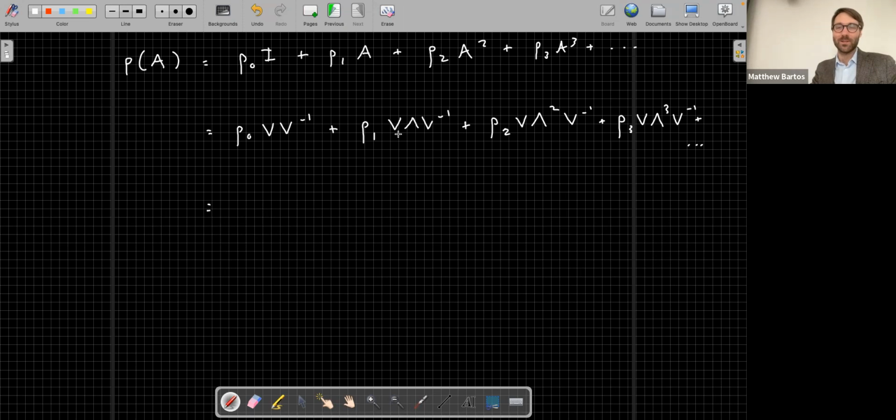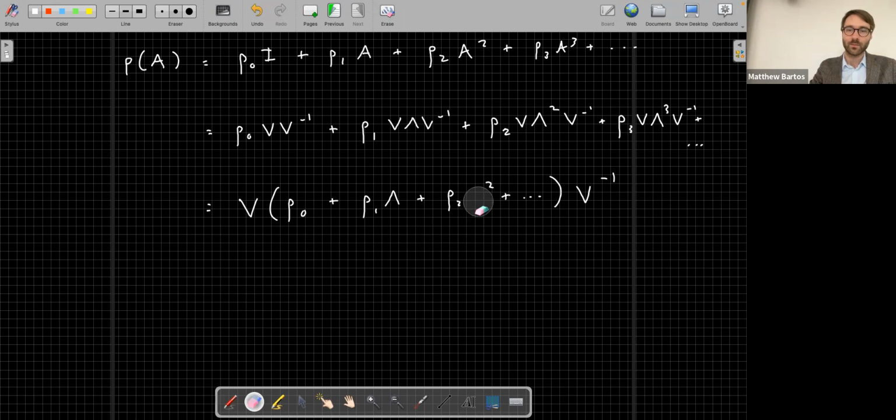Note that V is always being pre-multiplied here. V inverse is always being post-multiplied. So we can just take V, put it out front. Then we'll have V times P naught plus P1 lambda plus P2 lambda squared, and so on. And on the other side, we'll just have V inverse. Sorry, that should not be A, that should be lambda.